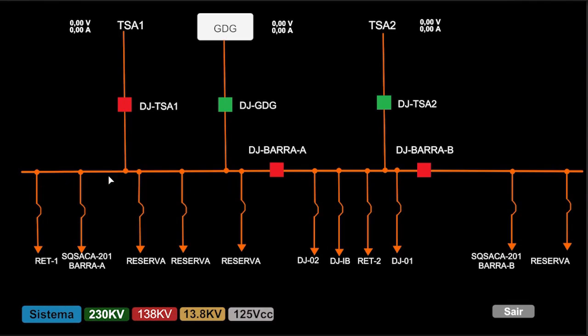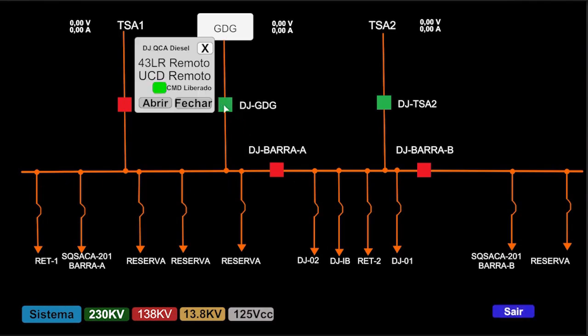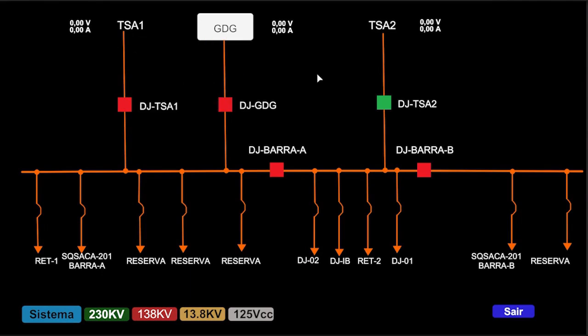And now to power this bus bar, I need to close the bus bar circuit breaker. Once that's done, I supply my 13.8 auxiliary service. And then I can bring my substation back online.